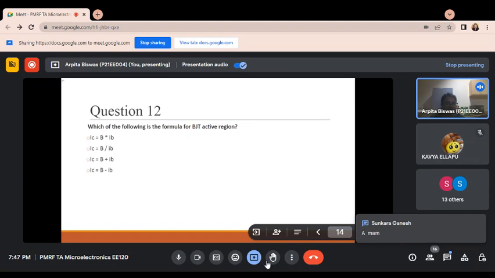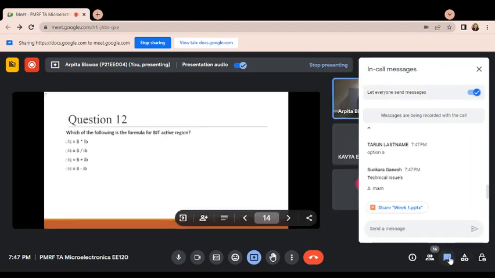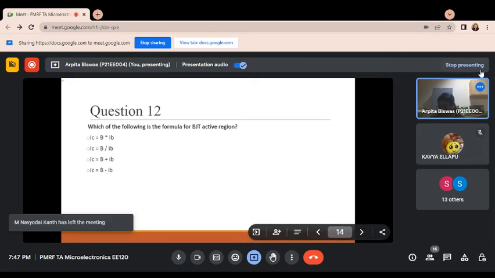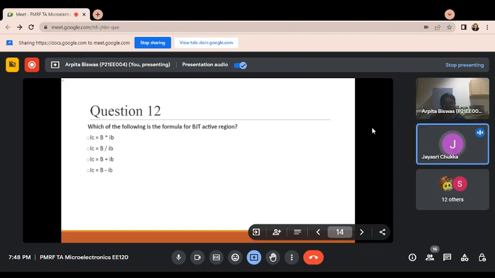Sukara Ganesh. Okay, option. Jayashree, what is the right answer? IC equal to beta into IB, where beta is the current gain. Okay. Meghna, what is the right answer? So the right option is option A.